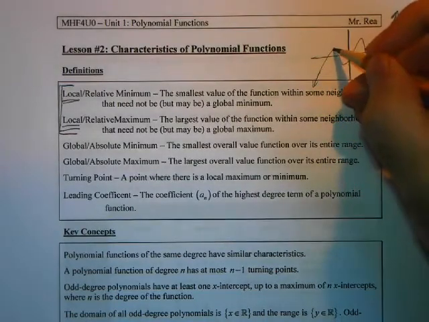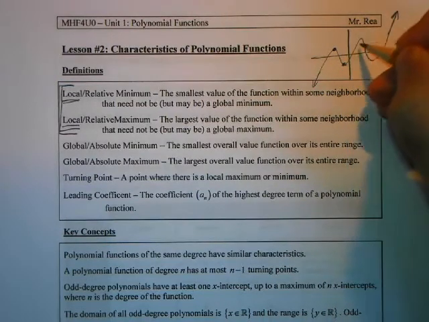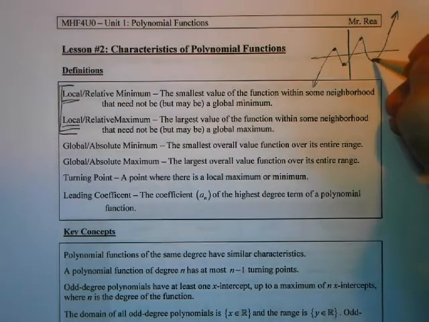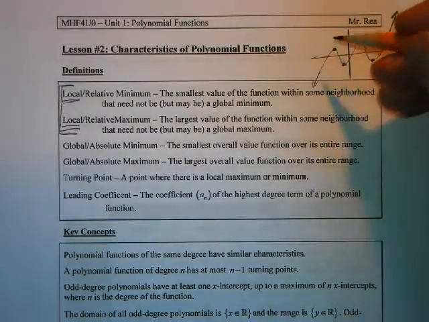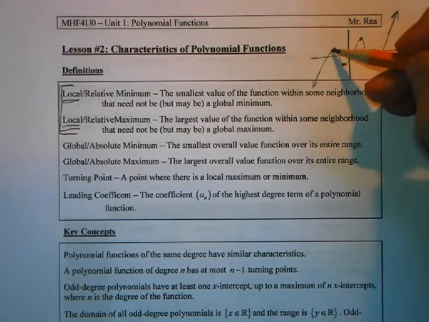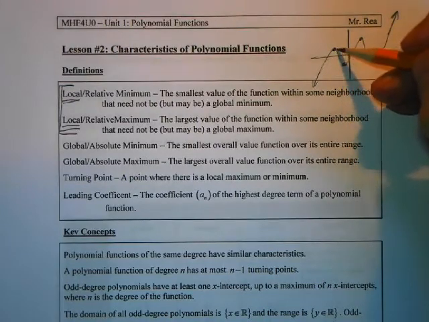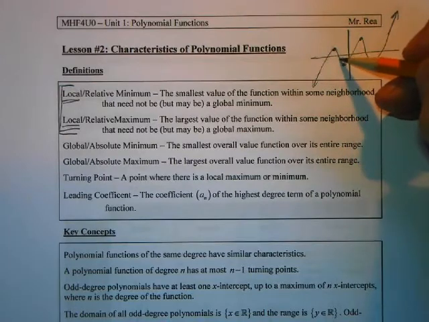These values here, where it changes direction from going positive to negative, these are all called local extrema. This would be a local maximum. You can see on the left it's heading down, on the right it's heading down, so it's heading up towards it and then changing direction going down.